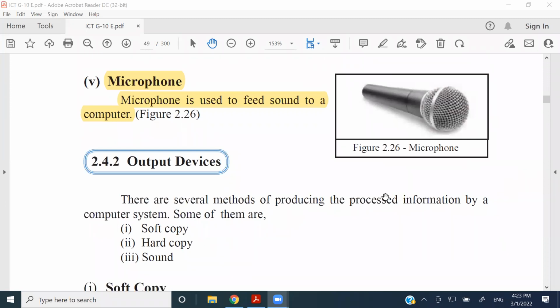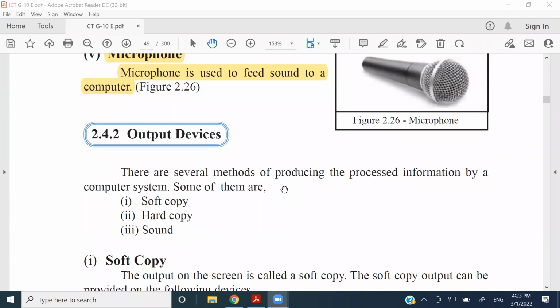Now, when it comes to the output devices, there are three types of output that we can take from the computer. One is the soft copy output, the hard copy output, and the sound. Soft copy output means the outputs that we cannot touch, right? There are outputs that we can see, but we cannot touch. The things that we see through the screen are what we call a soft copy, right?